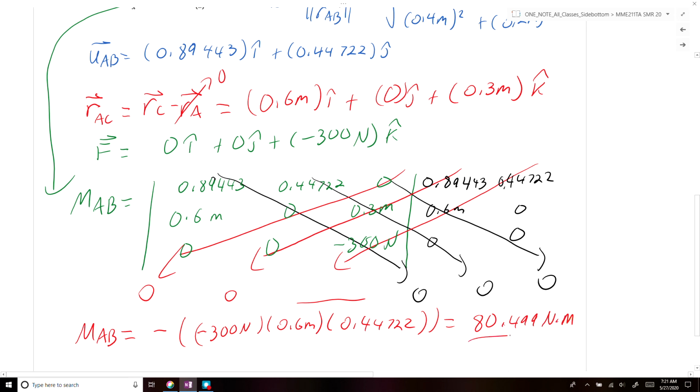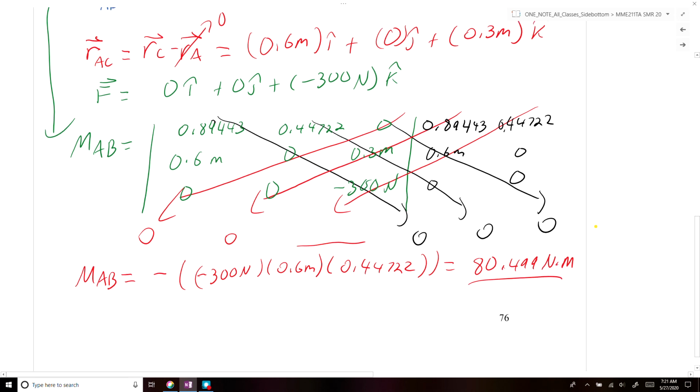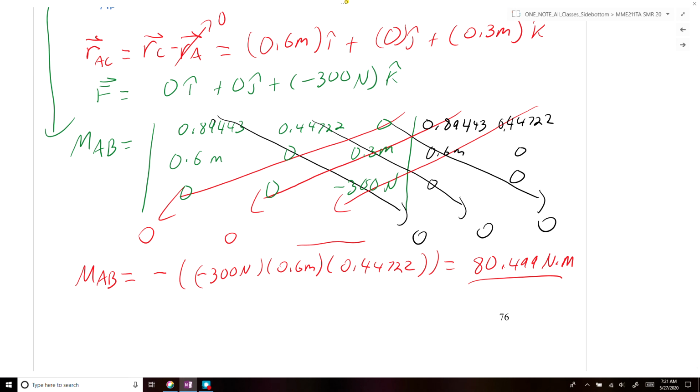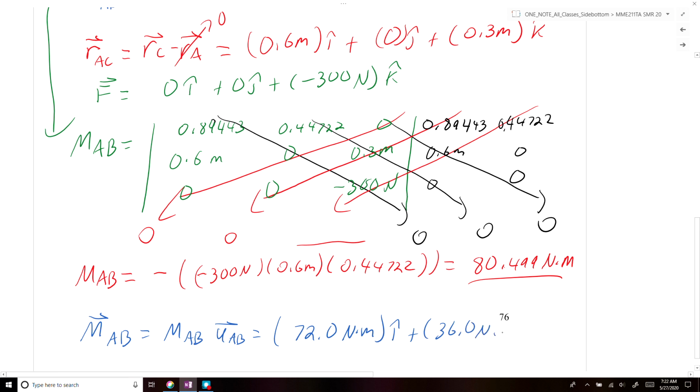And then we were specifically asked to determine this moment as a vector. So we have to multiply MAB by UAB. If we do that, we would get 72.0 Newton meters along the x-axis plus 36.0 Newton meters along the y-axis, and there's no component about the z-axis, so it would be equal to 0 about the z-axis.